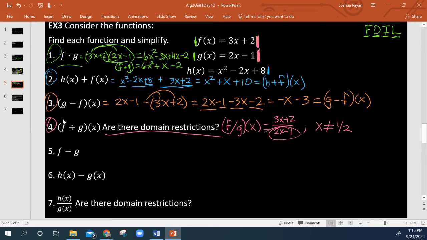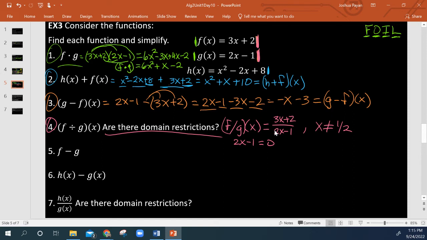Okay, and I can show you why. If I take the denominator, right? Because when we're looking for domain restrictions, that's what we want to focus on, because domain restrictions are often going to correlate to any value of x that makes us divide by 0. So a real simple way to do that, if it's not painfully obvious, is to take your denominator separately, 2x minus 1, and set it equal to 0.